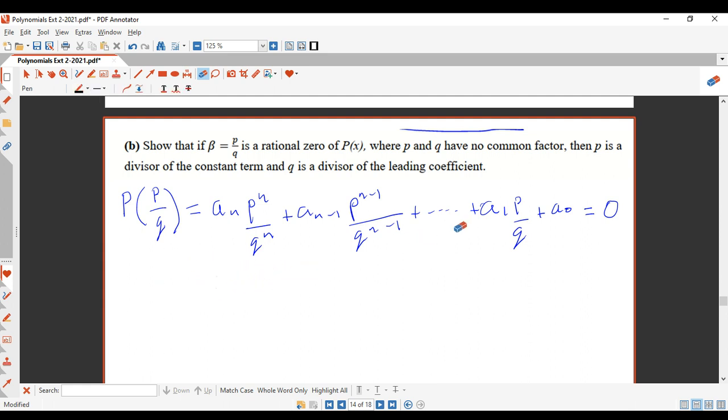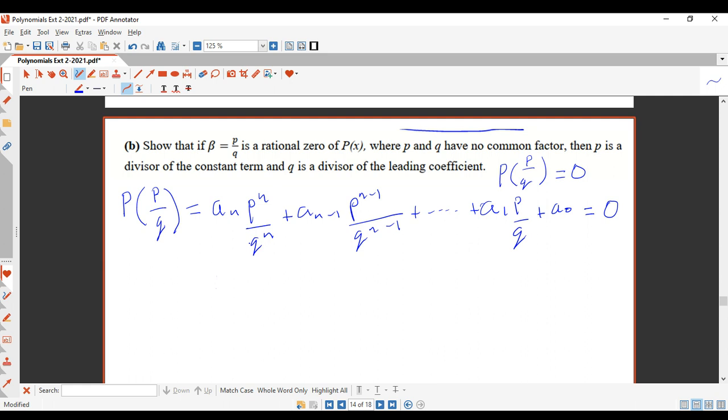Maybe I should have put that up ahead. I could maybe put it up here: P of p over q is equal to 0. Now, we've done that part. We've subbed in the 0. And we've got to prove that p is a divisor of the constant term, and q is a divisor of the leading coefficient.